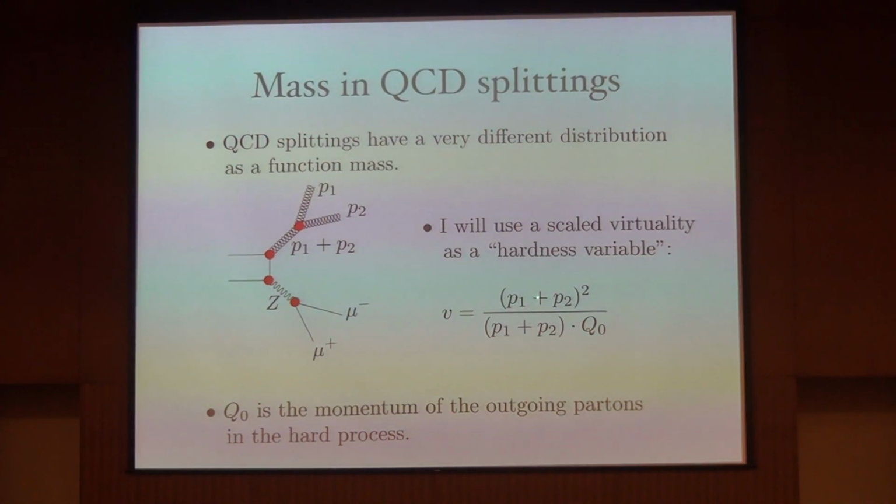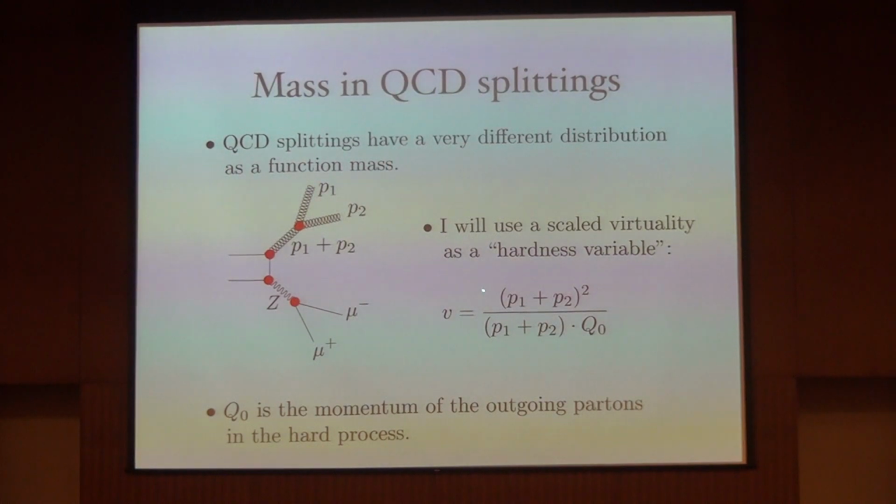It's going to be convenient to take the virtuality of the 2 gluons, (p1 plus p2) squared, and for purposes of talking about the QCD of this, divided by (p1 plus p2) dot q0, where q0 is the vector that's at rest in the center of mass frame of the whole event. Just for technical reasons, it's convenient to divide that out. But if we look at events in which p1 plus p2 is relatively fixed, then we're still looking for a bump in v in the signal event.